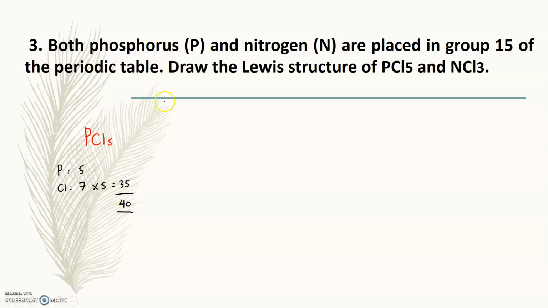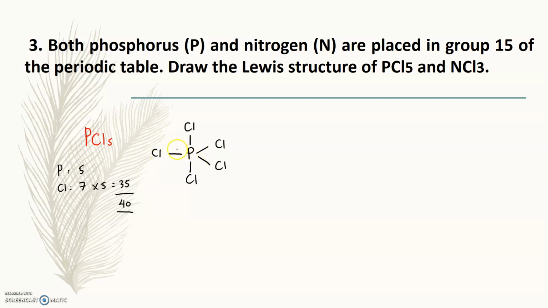Total valence electrons: 40. To form the Lewis structure, the electropositive atom is the central atom, and the others are bonded atoms. So we arrange the 5 chlorine atoms forming bonds with the central phosphorus atom.